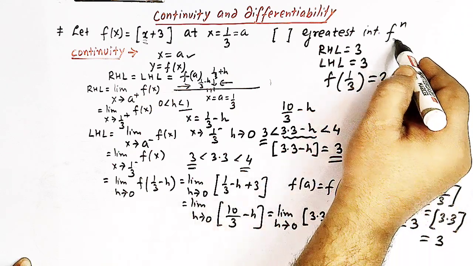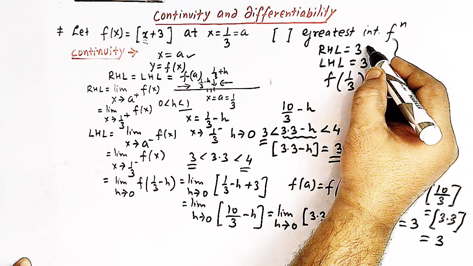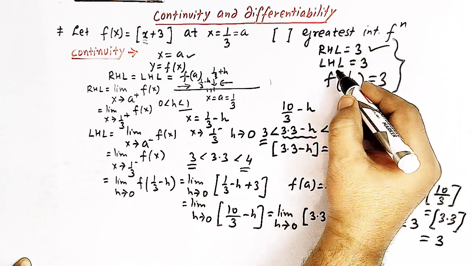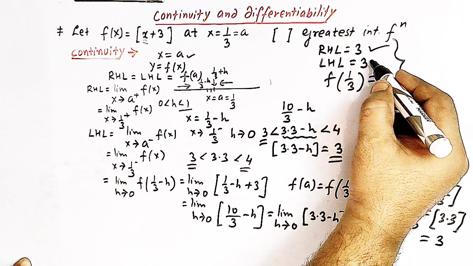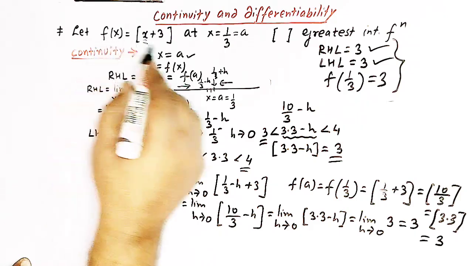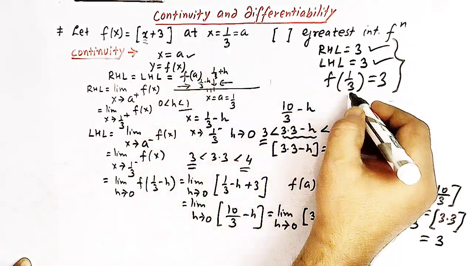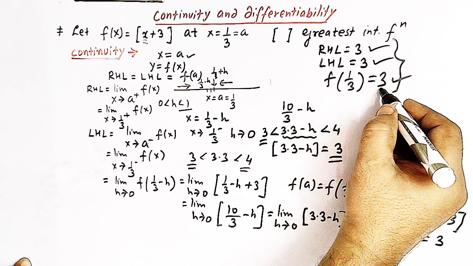So we can see that the right hand limit exists and it is finite and it is equal to 3. The left hand limit exists and it is finite and it is equal to 3. And the value of the function at x is equal to 1 over 3 exists and is finite. So f of 1 over 3 is equal to 3.